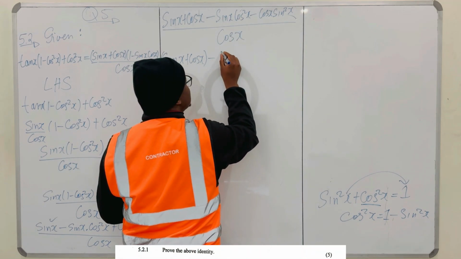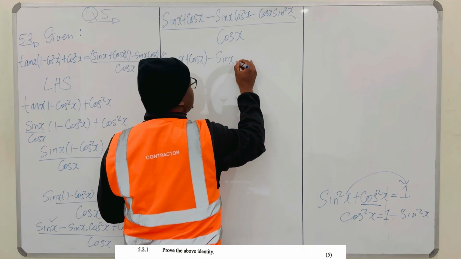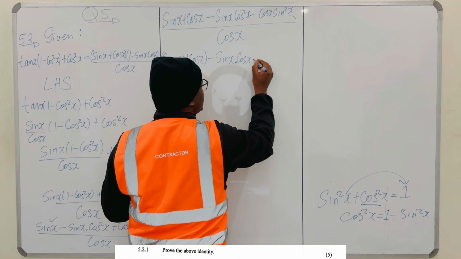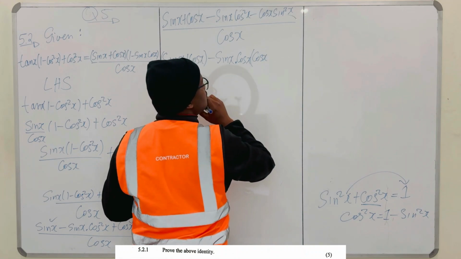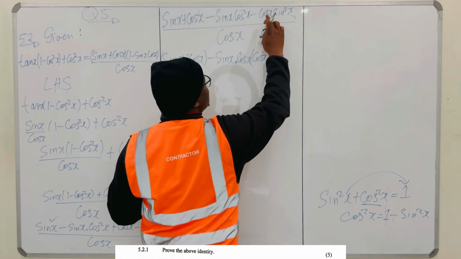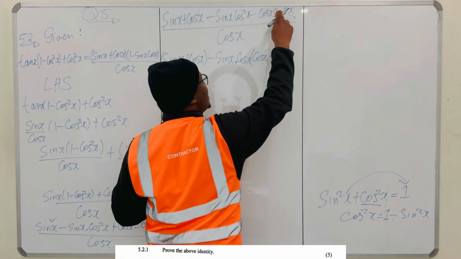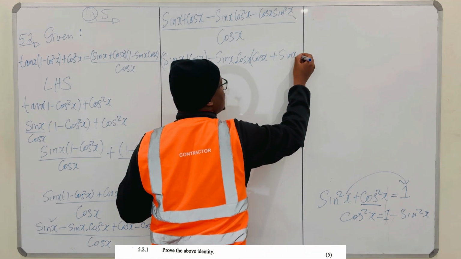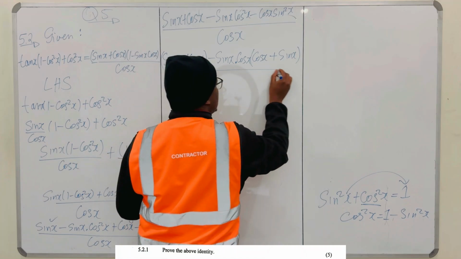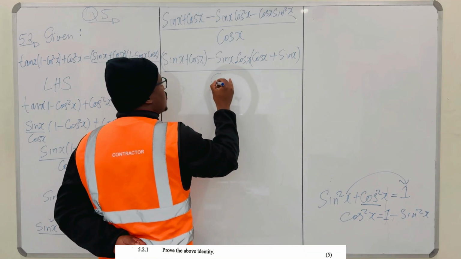So you will have sine x times cos x into, here you'll be left with what? With just cos x. Minus, down here, you're taking sine x and cos x as well. You'll be just left with what? With the sine x there as well. This is all over cos x.